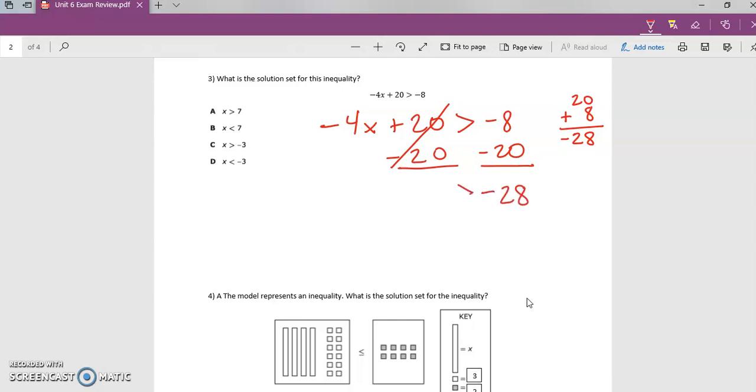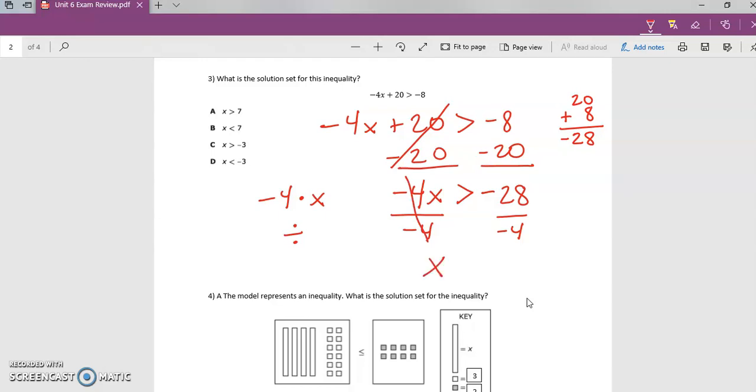The greater than sign moves down, and the negative 4x moves down. Okay, now I have the coefficient next to the variable. Remember, it's negative 4 times x, so what's the opposite? Division. So negative 4 over here, negative 4. These cancel. I'm left over with x.